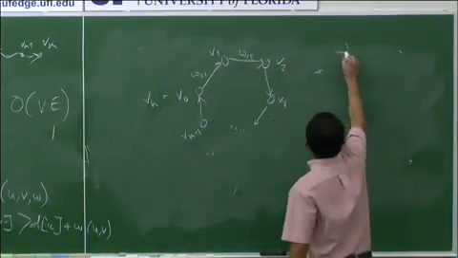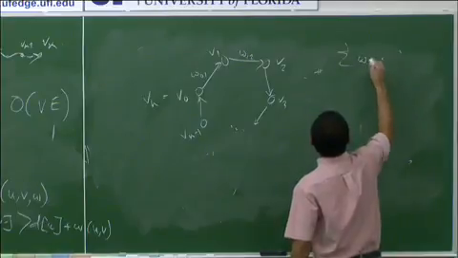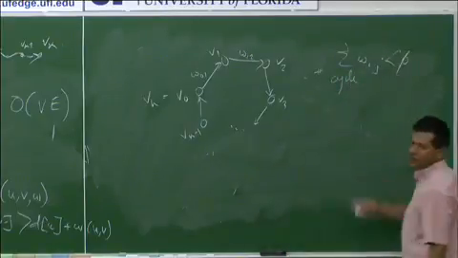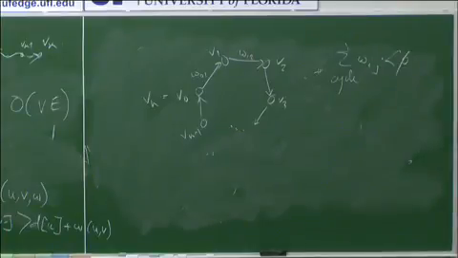The summation of W i j along the cycle is strictly less than 0. Okay, so, this is a negative cycle.